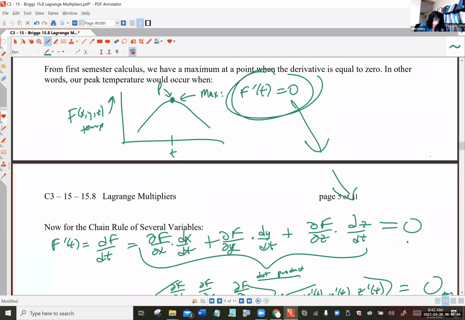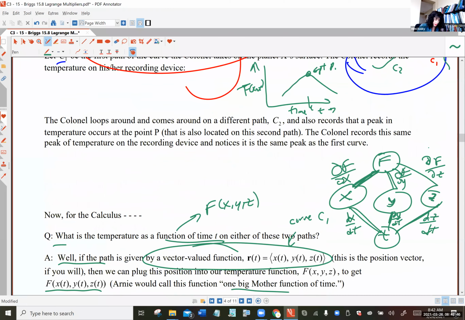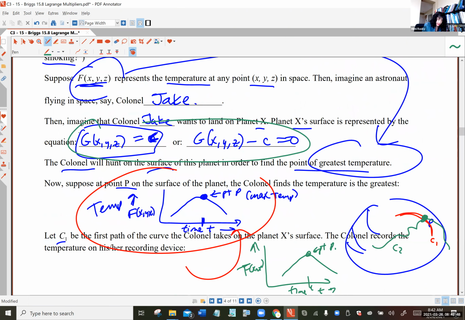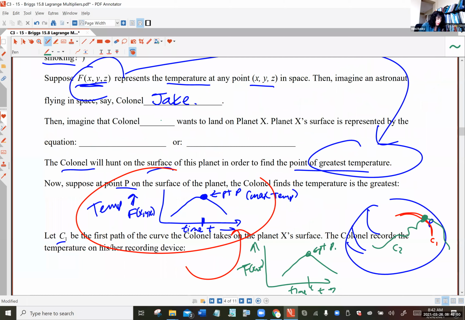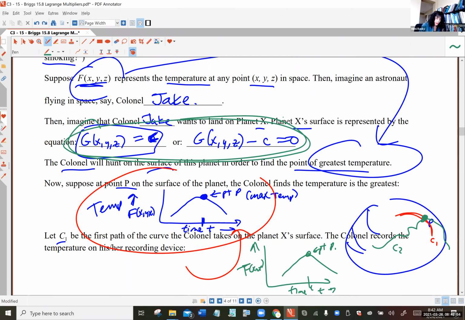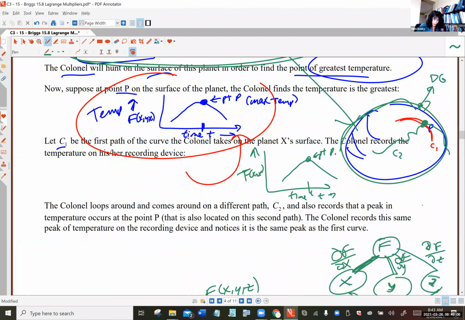So in other words, the gradient for the G, where did I put the G here? Remember G, this was your planet surface. Put it back in there. So this is your planet function. The planet here, its gradient, we'll call it del G, has to be orthogonal to the surface.